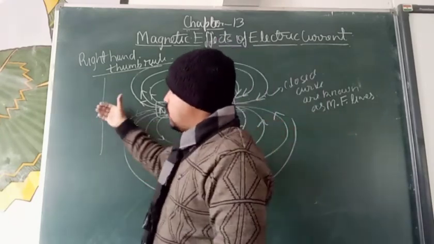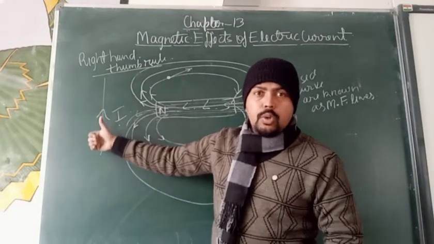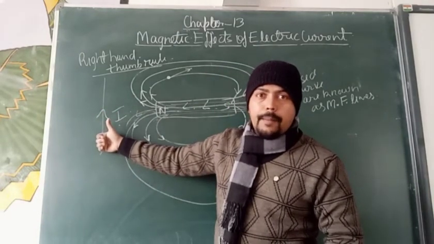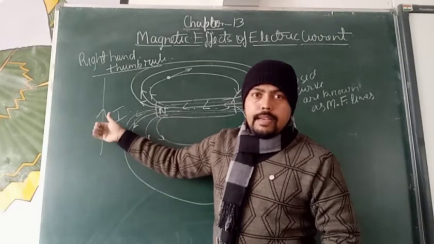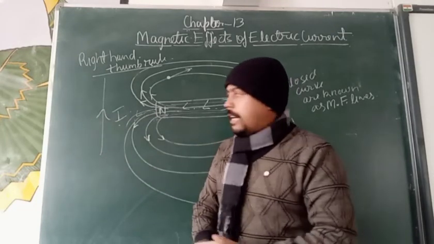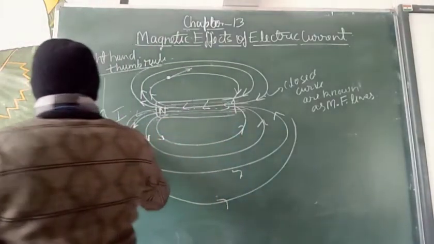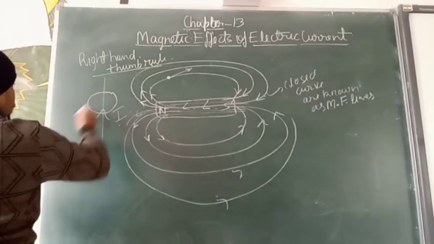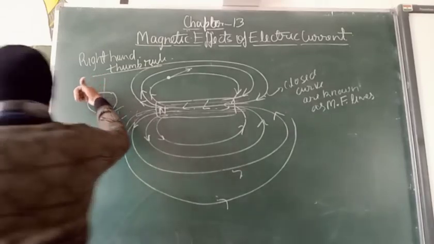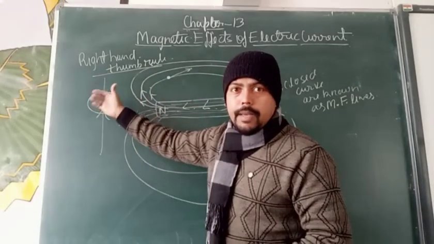So if current is going in the upside direction, we place the thumb in the upside direction and hold the wire like this, and this curl will give the direction of magnetic field. That means the magnetic field will be in circular form, because by curling we make a circle.